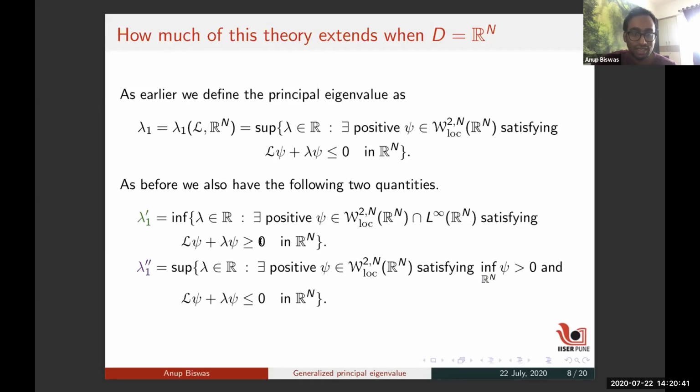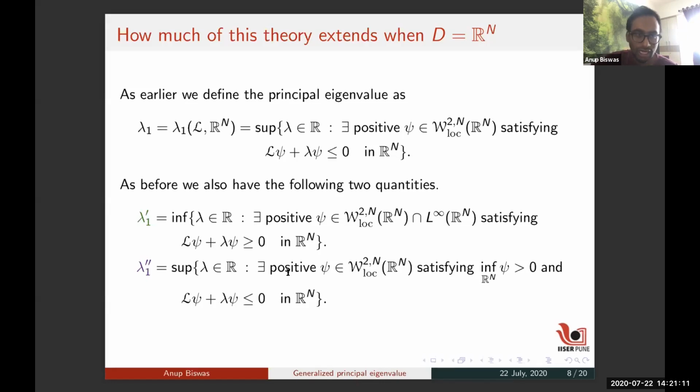And here I'm taking subsolutions, but then I'm taking the infimum of subsolutions. And why I need it to be bounded will be clear in a moment. There is a reason you have to impose these conditions, that you take the bounded, positive subsolutions. This will probably be in the next slide, why I have to restrict. But there are 3 different ways to define the principal eigenvalue. Now the question is, which one should I pick?